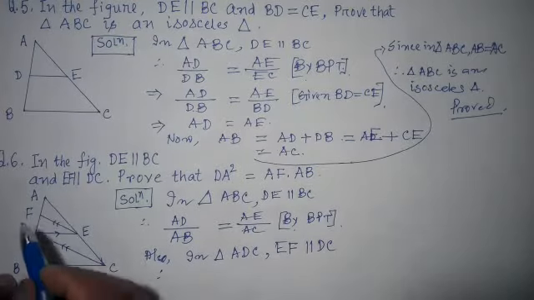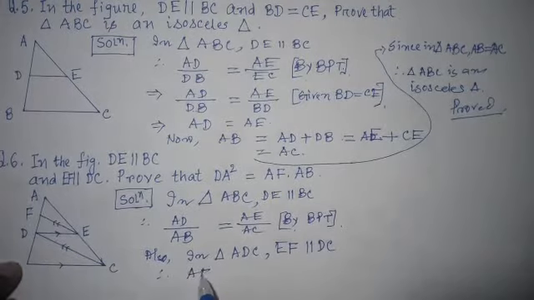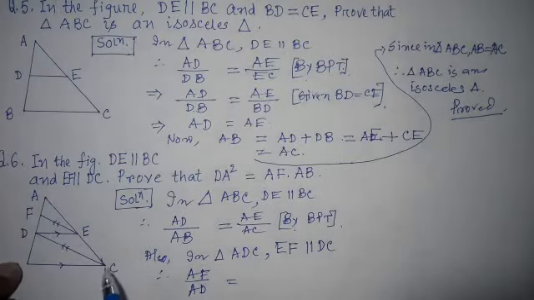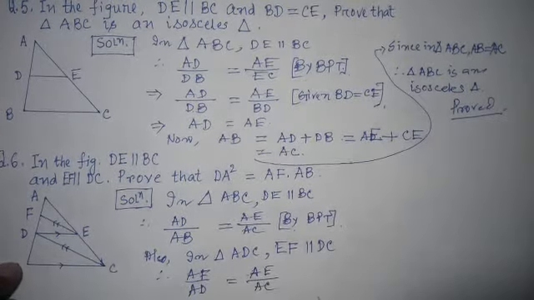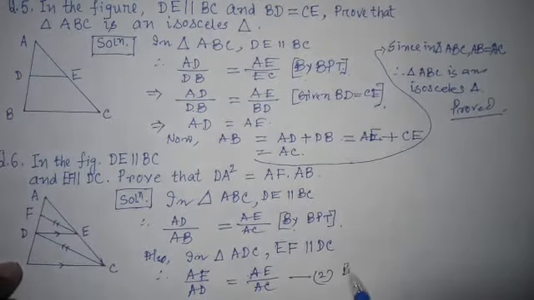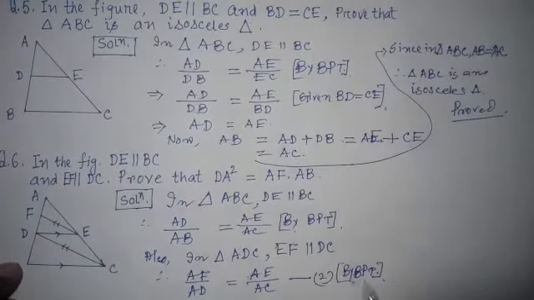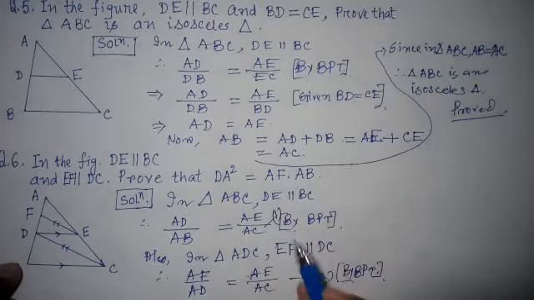Therefore we take the same way, the small part by whole part, AF by AD, and here also the small part AE, whole part AC, so AE by AC. Same by BPT, give it number 2 by BPT, and this one give number 1.